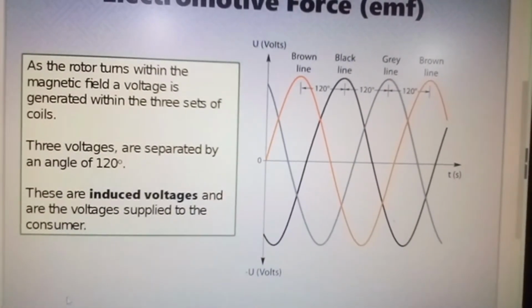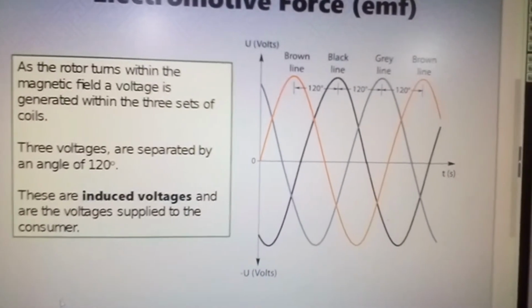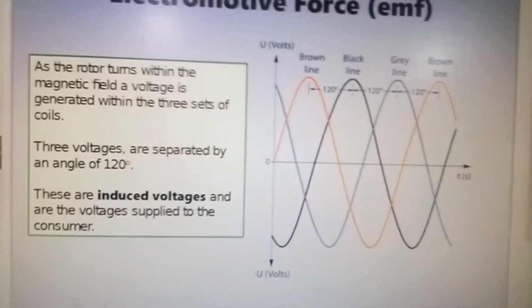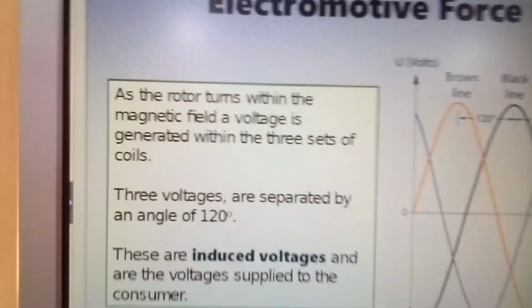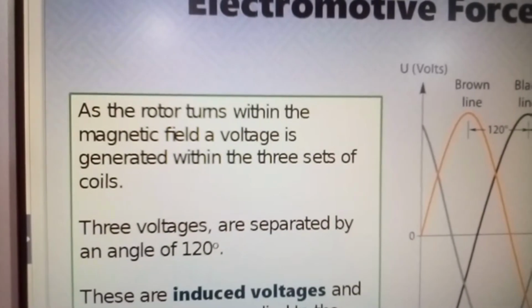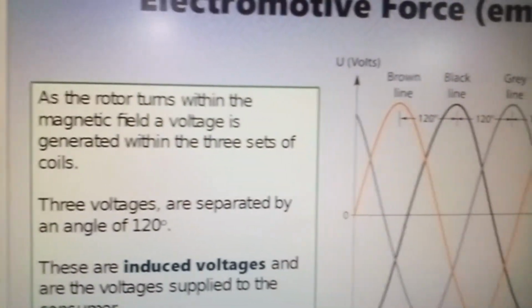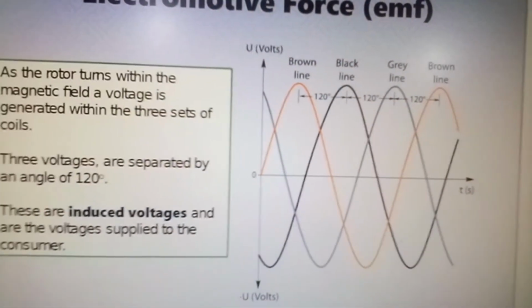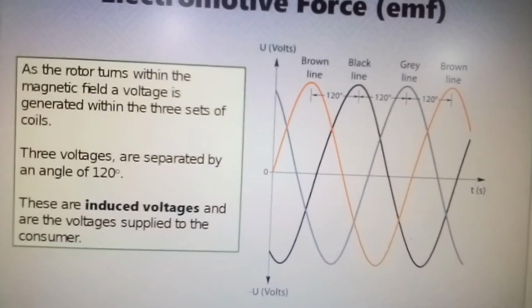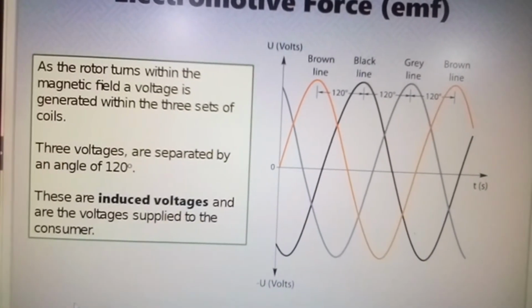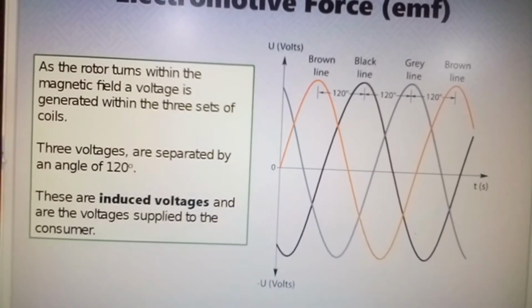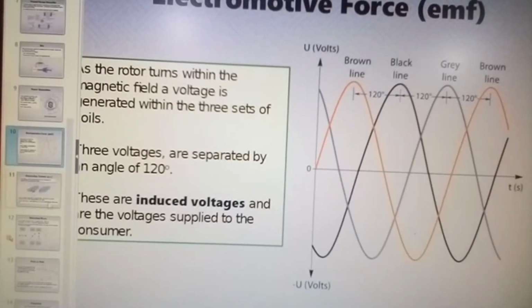And here's your sinusoidal waveform. I've got this here for you. You can read this for yourselves. You don't need me to be reading this out to you. So again, it's for your edification.